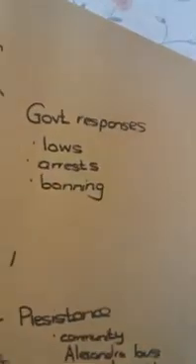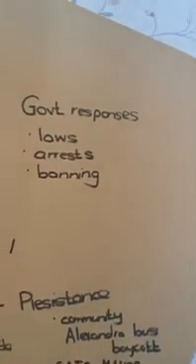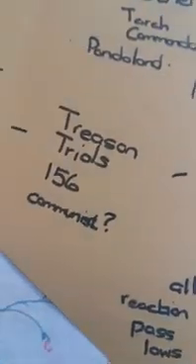And then you can do a paragraph on government responses. So you might have already mentioned the Public Safety Act. You might have already mentioned the treason trials, which is a government response. You might have already mentioned the Suppression of Communism Act.